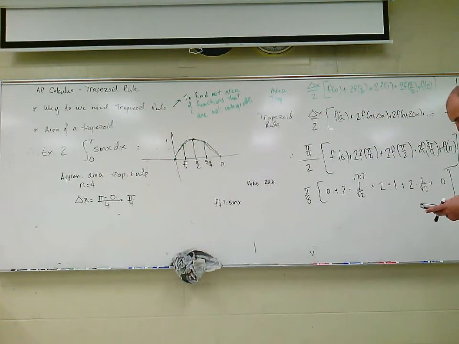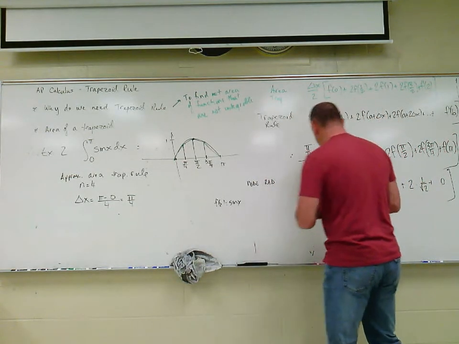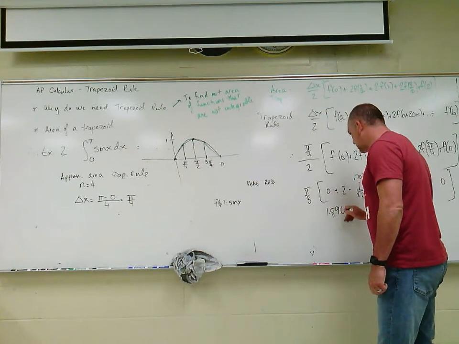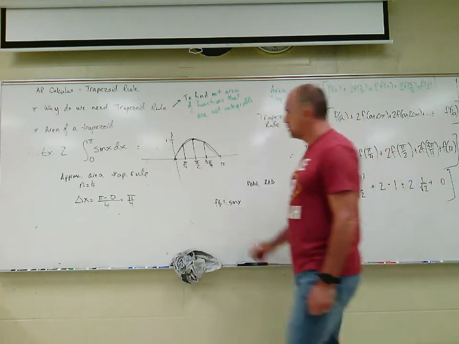So we've got pi over 8, and I'll put that in parentheses, and then times 0 plus, and we've got the answer you should get is 1.896 for this area here.